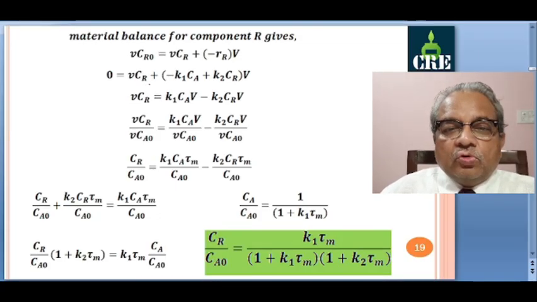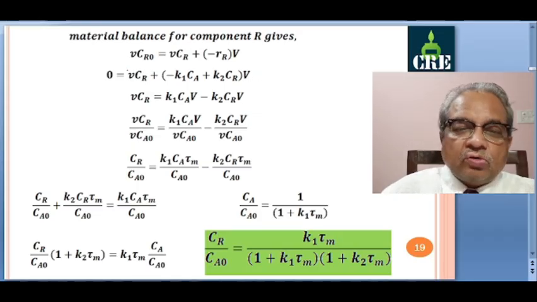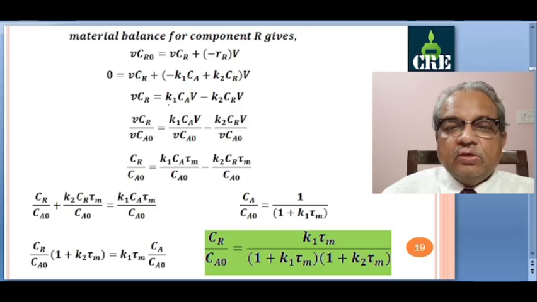Okay. So if I change the sides, v CR I retain here and I change this on the other side, so signs will change. So now it becomes K1 CA into V, this is plus sign. When I transfer this on the other side, this becomes minus, so minus K2 CR into V. We divide throughout by v CA0. So v and V cancel out here.